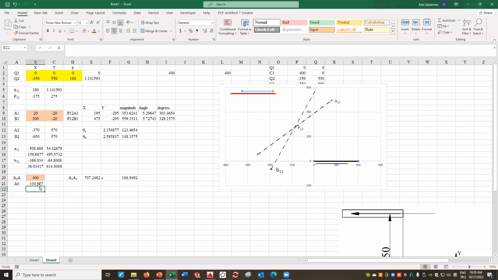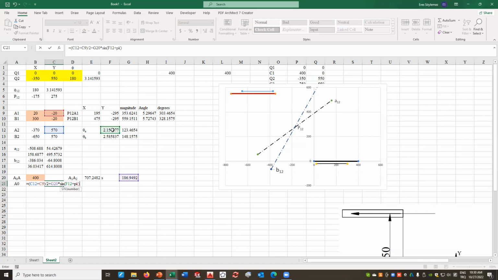And the y coordinate of A0 is, again, I have some other shortcuts, but I'm not going to do that, equal to the y coordinate of A2 plus the y coordinate of A1 divided by 2, plus the S length times the sine of the angle theta A plus pi over 2.